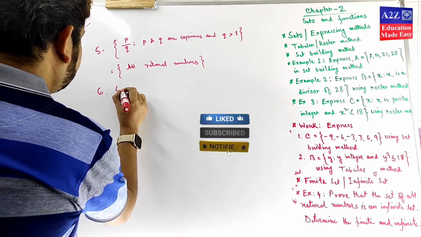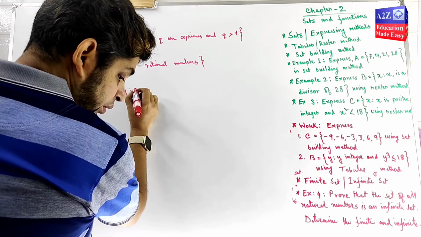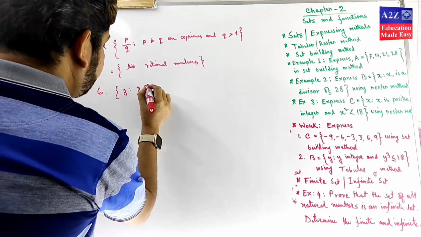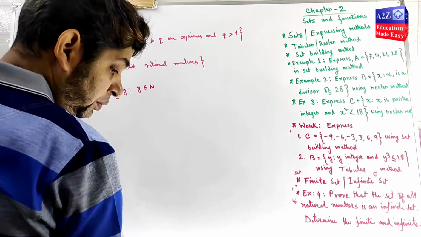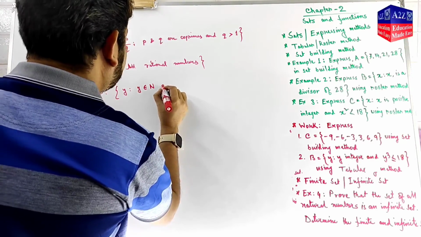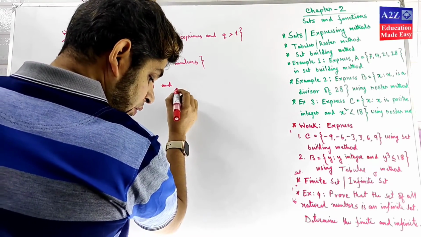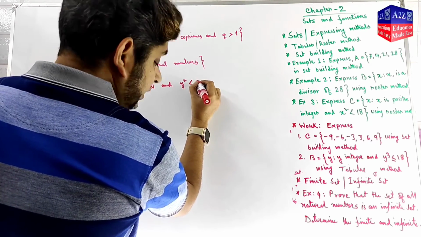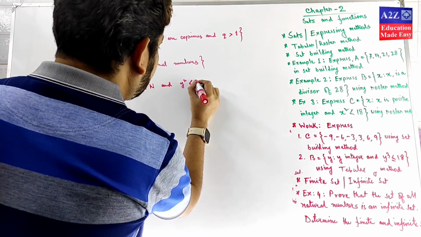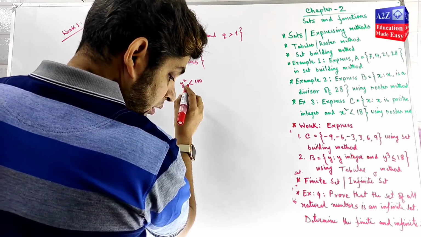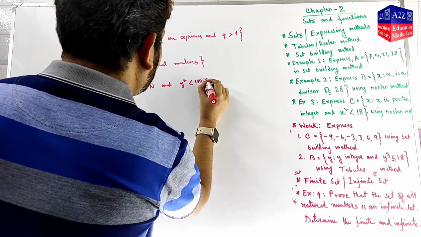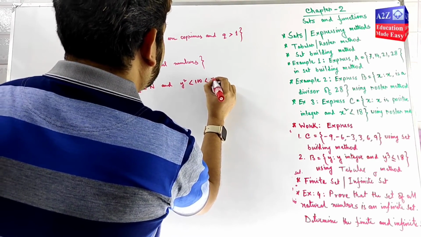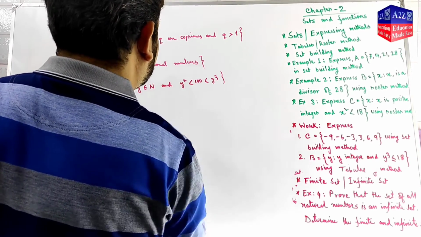given as a set of y elements such that y belongs to N, meaning natural numbers, and y square is less than 100 and less than y cube.